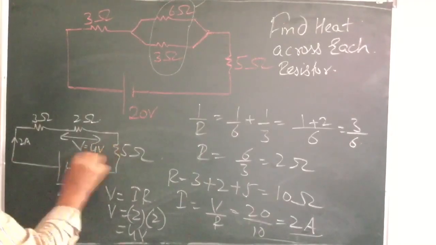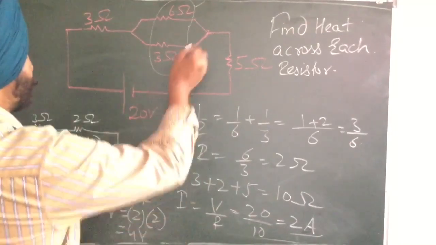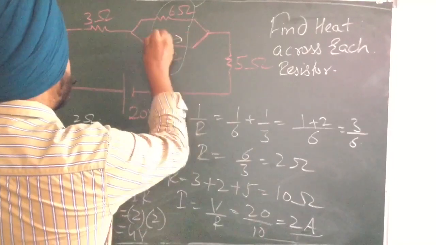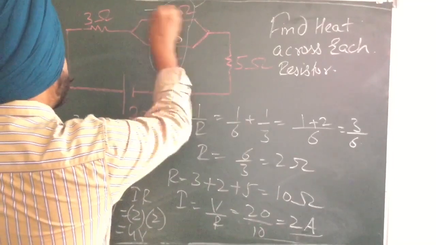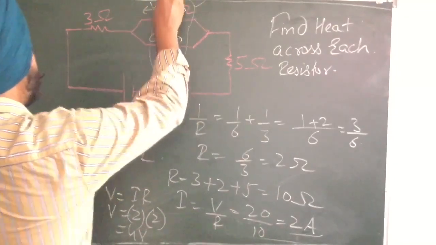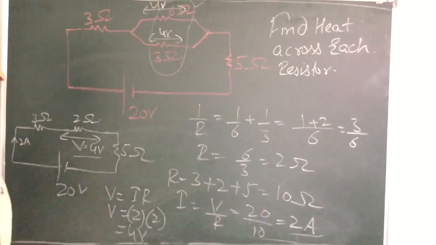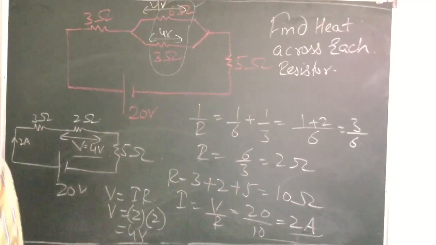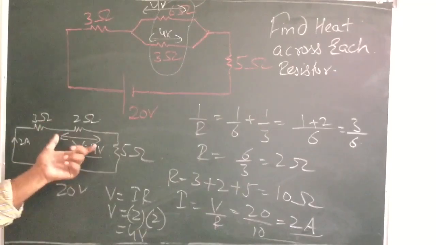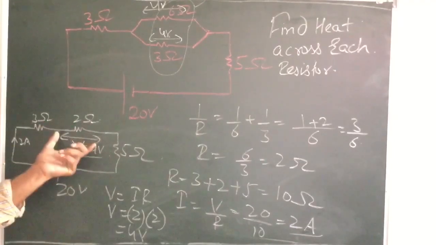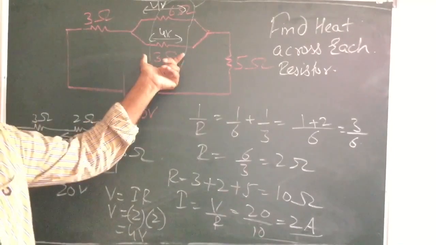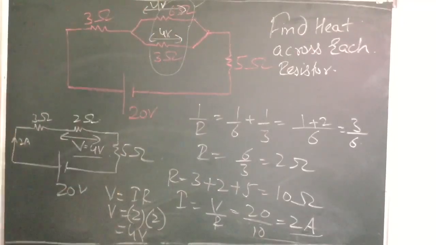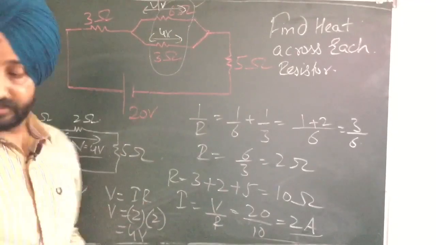The potential across this will also be 4, and across this will also be 4, because in parallel potential remains the same. So I have calculated the potential across this 2 ohm resistor, and this will be the potential across this and across this. Now I am ready to apply the formulas.